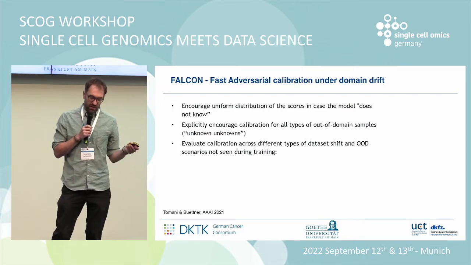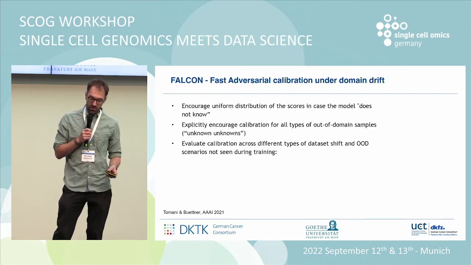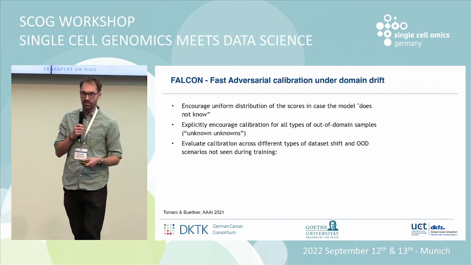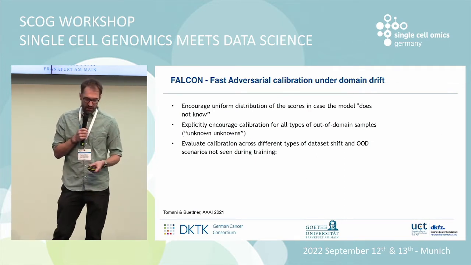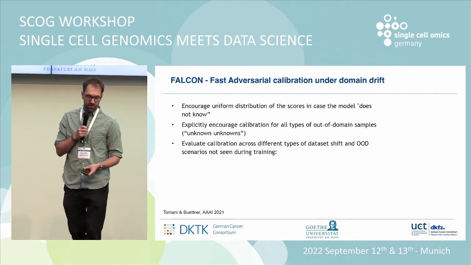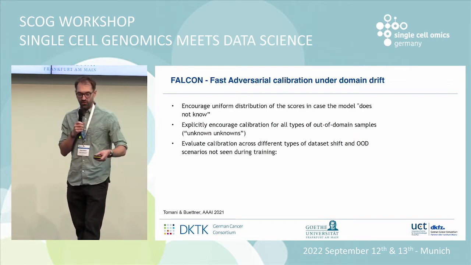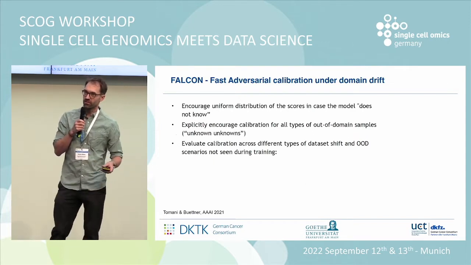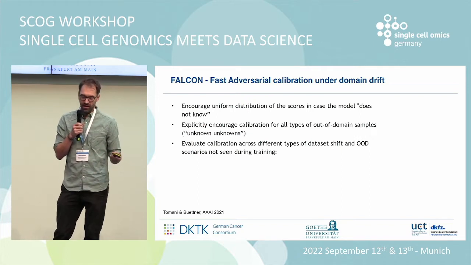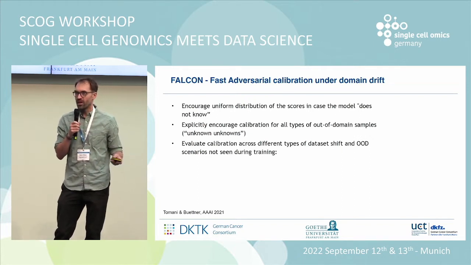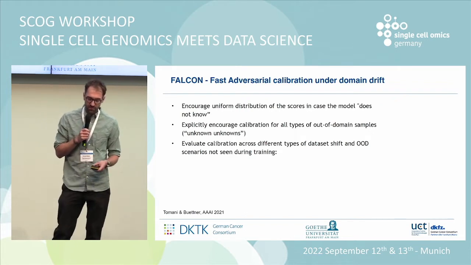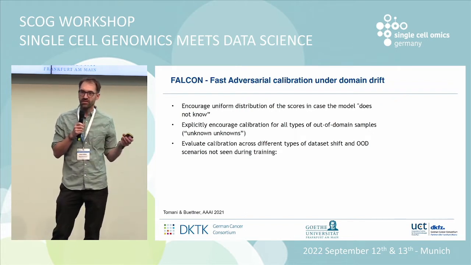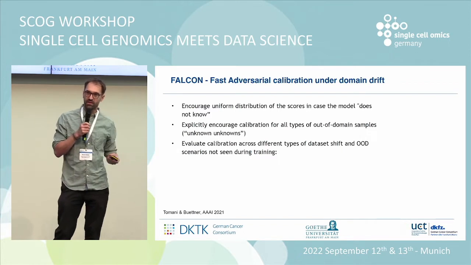First, we encouraged a uniform distribution of the scores in case the model does not know, so just maximize the entropy. And second, we explicitly encouraged calibration for all types of out-of-domain samples. To this end, we generated generic out-of-domain or domain drift samples using very simple adversarials, and importantly, only optimized the ECE rather than the reconstruction error.